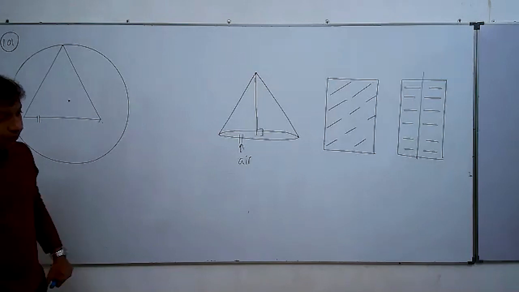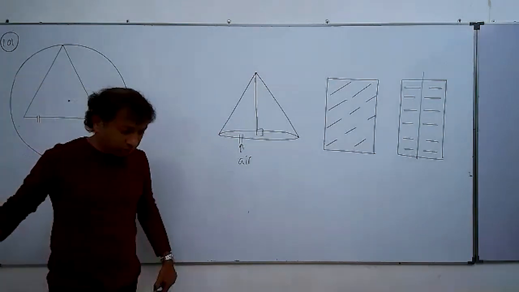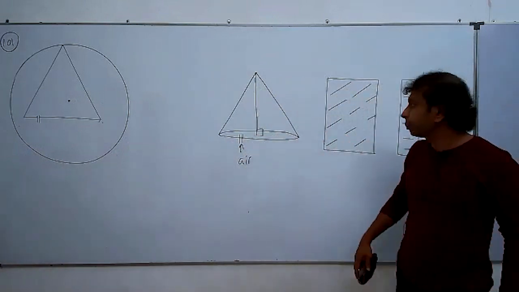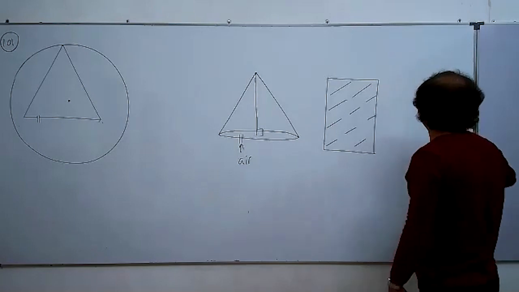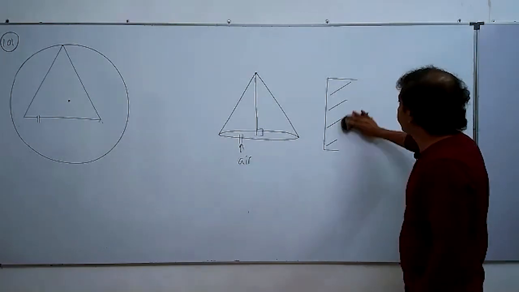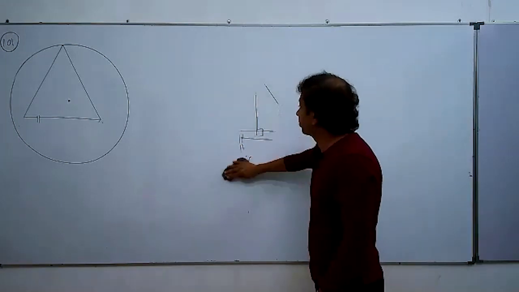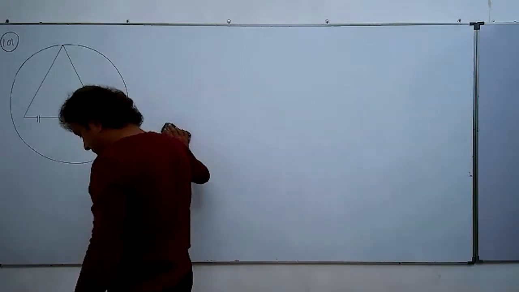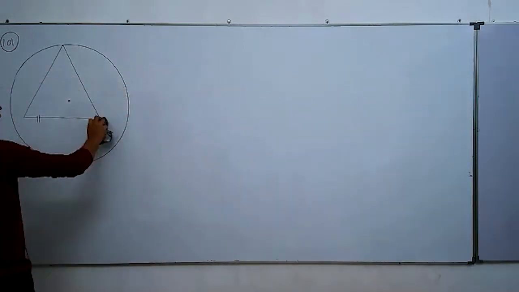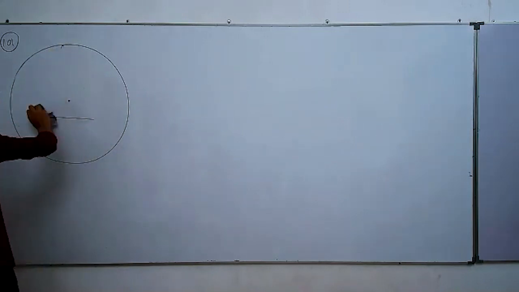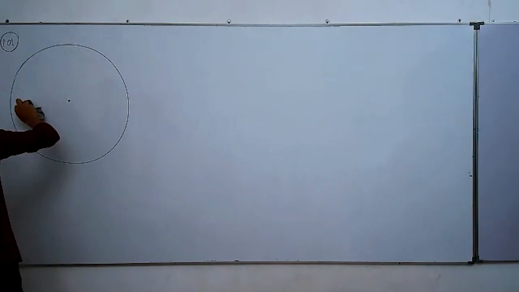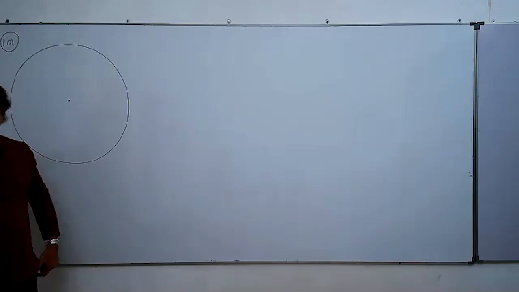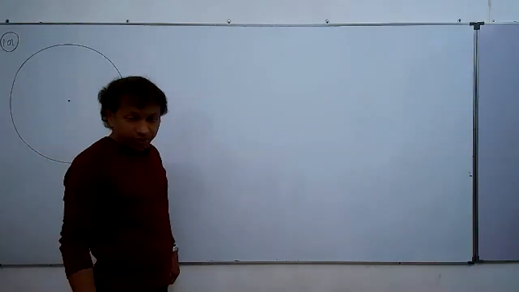Write down: when the volume of the cone becomes maximum, the cone lies inside the sphere symmetrically.